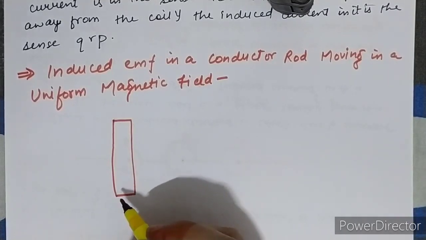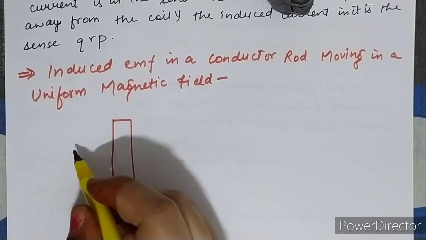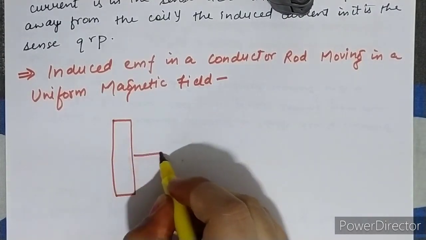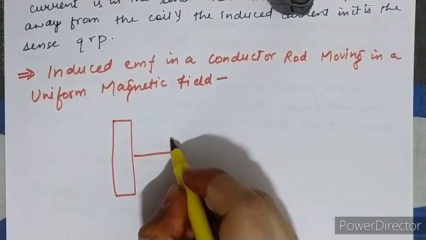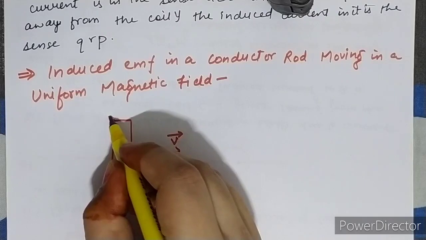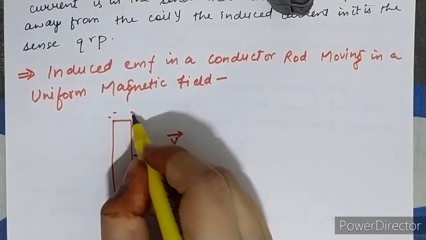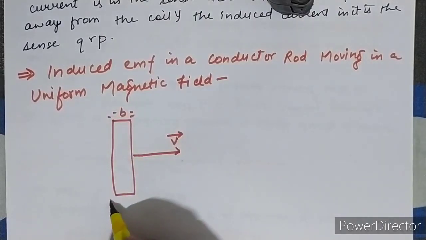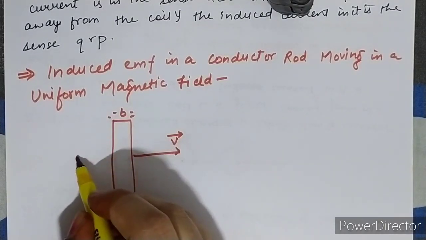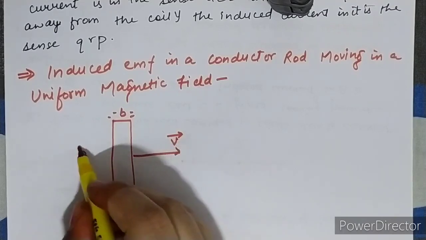Okay, it was in a, this one is its motion direction. Here the negative charges are induced, here the positive charges are induced, and the magnetic field is here. It was completely in a magnetic field.